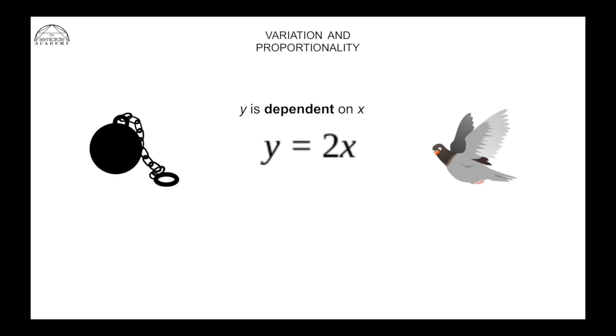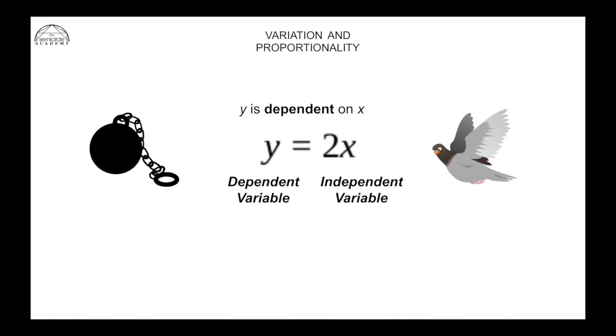The value of x is free to be any number. So because y is dependent on x, we'll call y the dependent variable. And we will call x the independent variable, because x could be anything. X is free to be anything that it wants, but y is always going to be dependent on whatever x is.